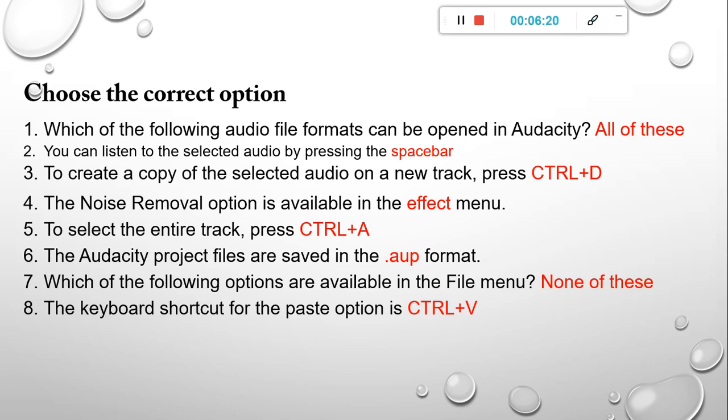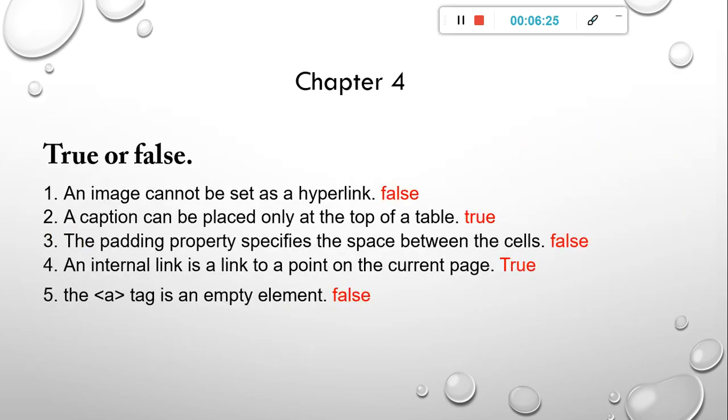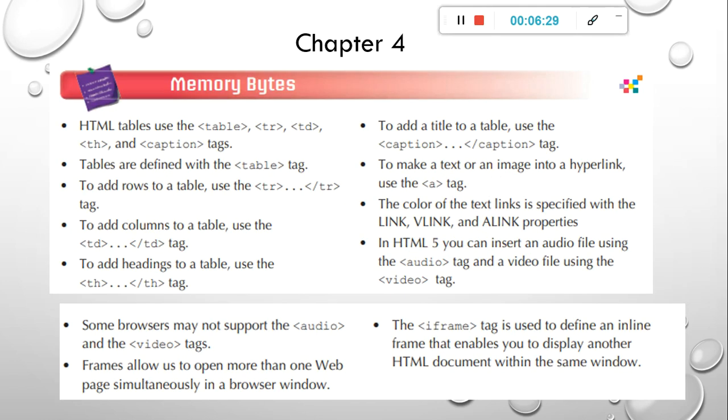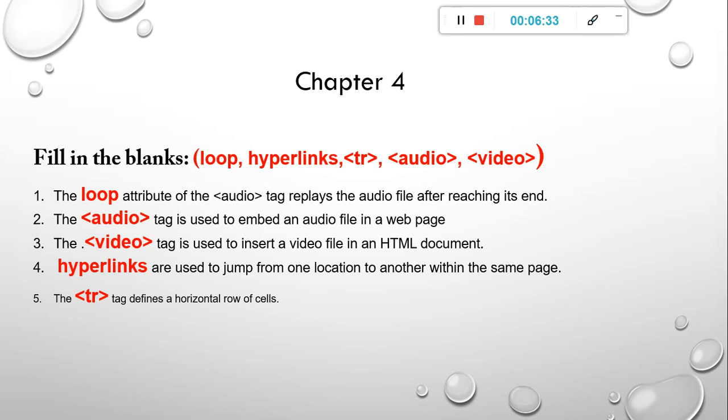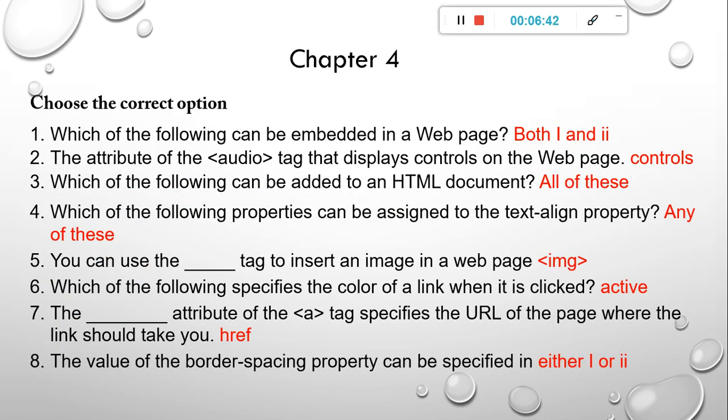This is your fourth and fifth chapter revision video. This is your fourth chapter: tricky terms, then memory bytes, then fill in the blanks, true or false, and choose the correct option of the fourth chapter.